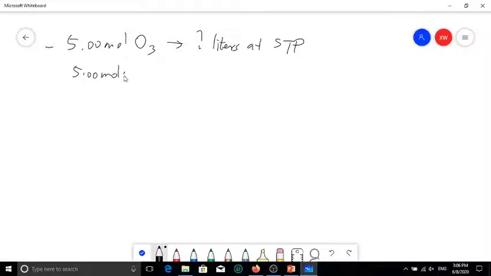5.00 mole O3. As usual, you want to write down all the numbers, units, and the chemicals. Multiply by... since this is going from mole, mole is in the center of all of the calculations. So going from mole to anything or anything to mole is going to be just one step.